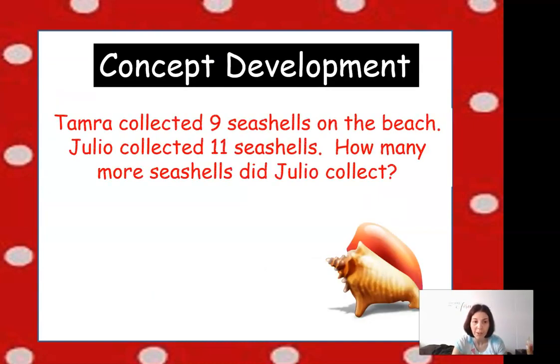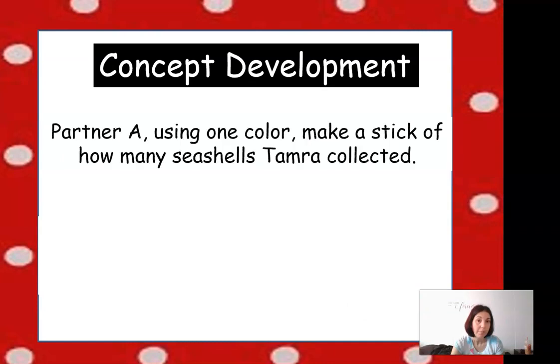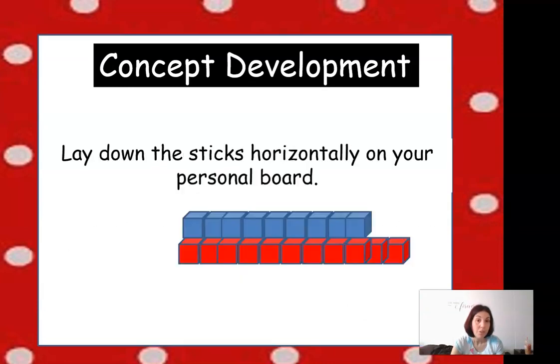Let's look at another word problem. Tamra collected 9 seashells on the beach. Julio collected 11 seashells. How many more seashells did Julio collect? So we can use our linking cubes to show. We have Tamra, who did 4, 5, 6, 7, 8, 9.